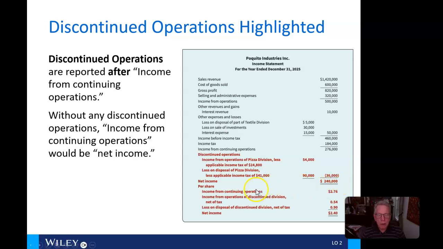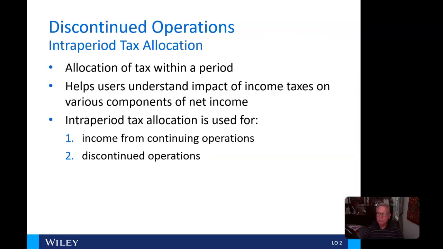So you can see the per share is reported from continuing operations here, but then we're going to subtract out the effect of the discontinued division, net of tax again, and that gives us $2.40 of earnings per share.